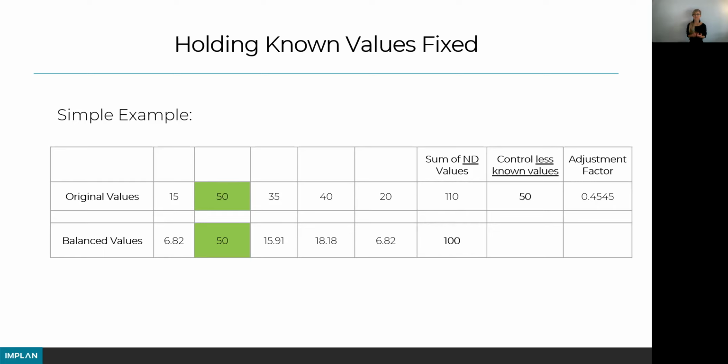So we multiply 15, 35, 40, and 20, all those numbers by 0.4545, and look what we get. Those numbers get adjusted down farther because we're leaving 50 alone. And then the sum of all those values becomes 100, again, without having touched that known value. So that's something to keep in mind.